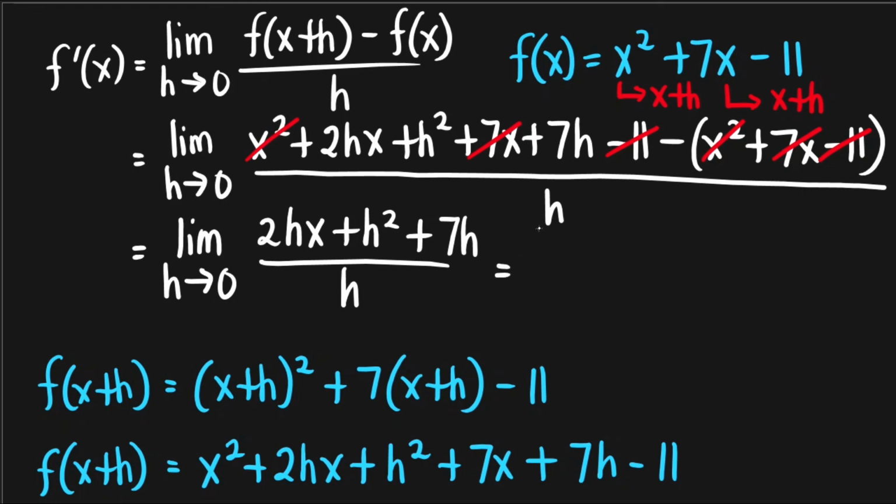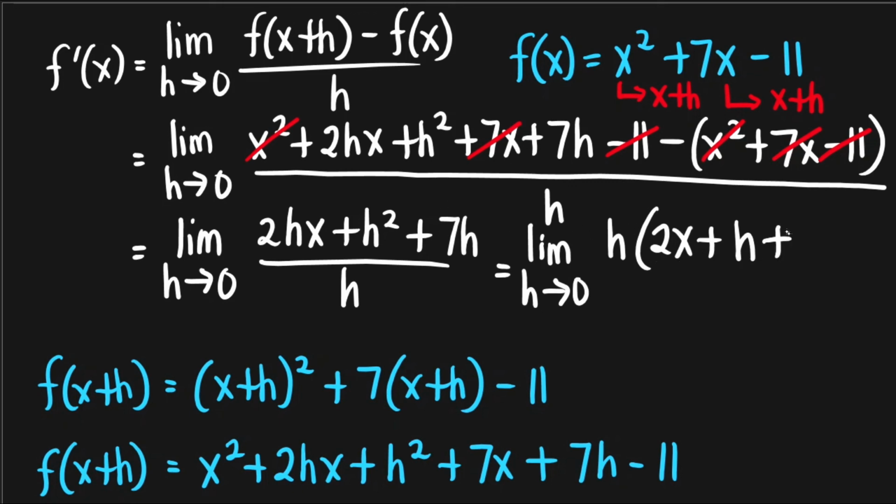Let's factor out h from the top. The limit as h approaches 0 of h times 2hx divided by h is 2x plus h squared divided by h is h plus 7h divided by h is 7 all over h.